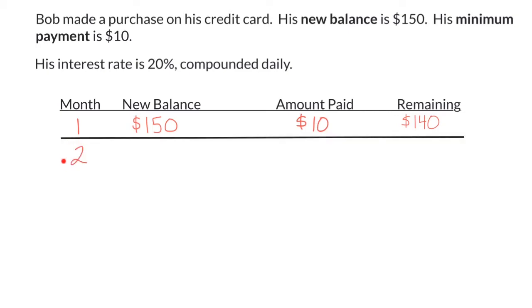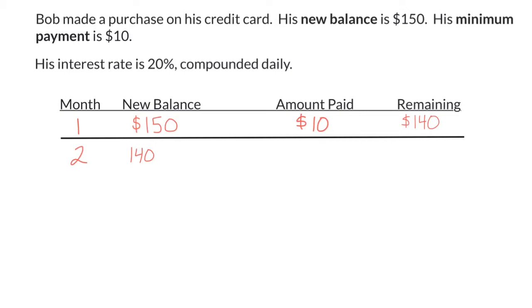Okay, now let's look at the second month. So at the end of the first month, he still had to pay $140. But that's not his new balance for the next month, because right here, his interest rate is 20% compounded daily. We have to take that into account. We'll just assume that every month has 30 days for this example.